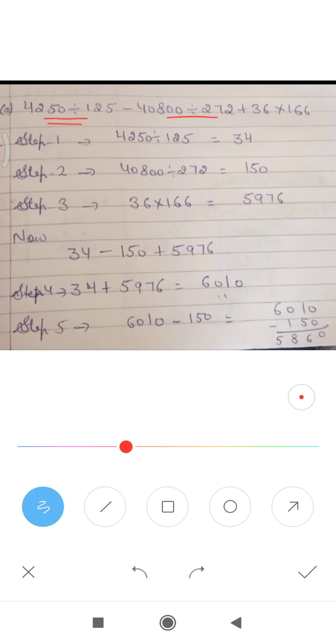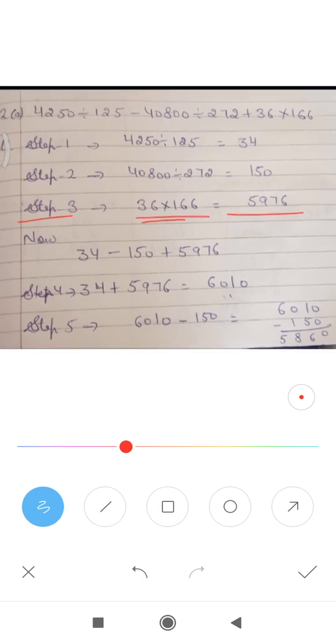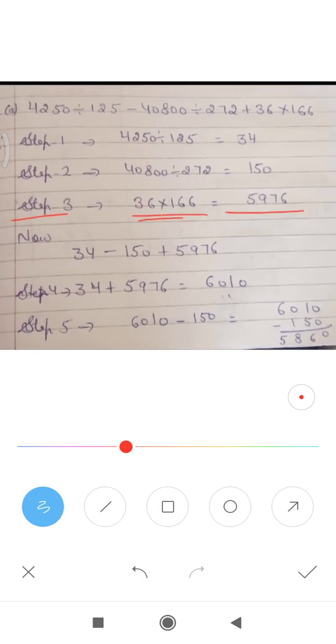Now see, after division, what will come in BODMAS? M, multiplication. Now, in step 3, we will multiply 36 and 166. It will come 5,976. Now, we will write all these answers in the question. If in question it is given 4,250 divided by 125, its answer is given in step 1, 34.